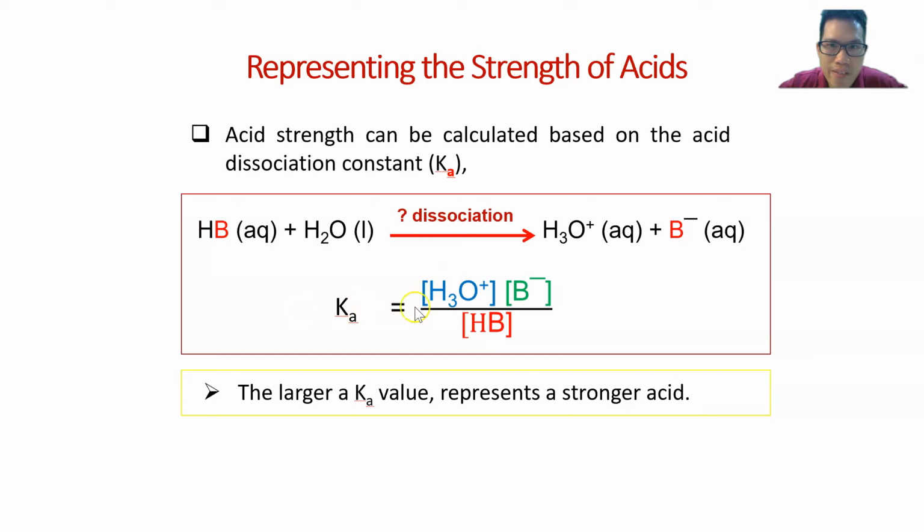The higher Ka value is represented by high concentration of these top two and low concentration of this one, and a larger Ka value means a stronger acid. You get a higher Ka value by having these top two at very high value and this one very little, which means that most of this has been converted to these two.